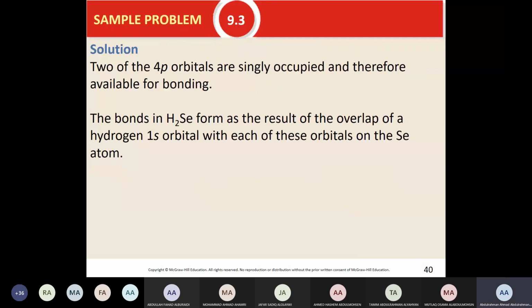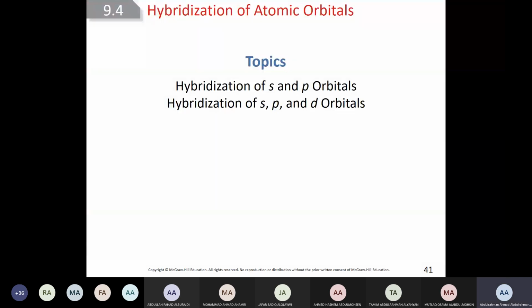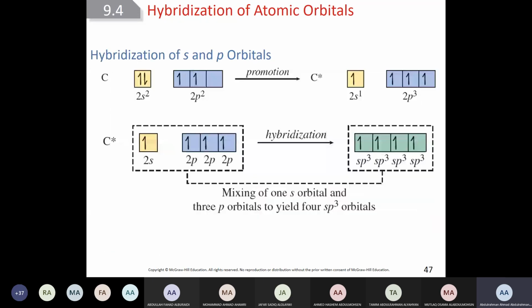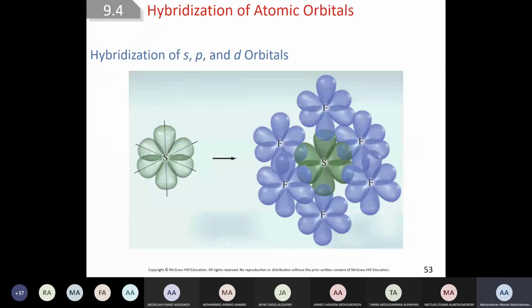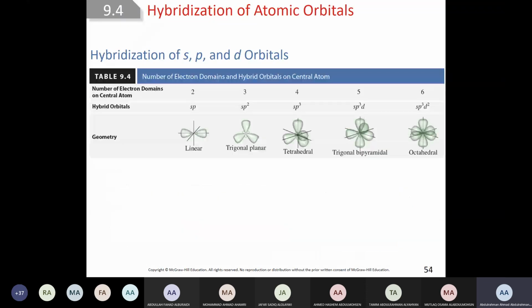Then this theory was developed by using what's called hybridization, hybridization of S and P orbitals. Hybridization means mixing. The new theory, which we discussed yesterday, says that before the bonding, there will be an order depending on the electron domain.